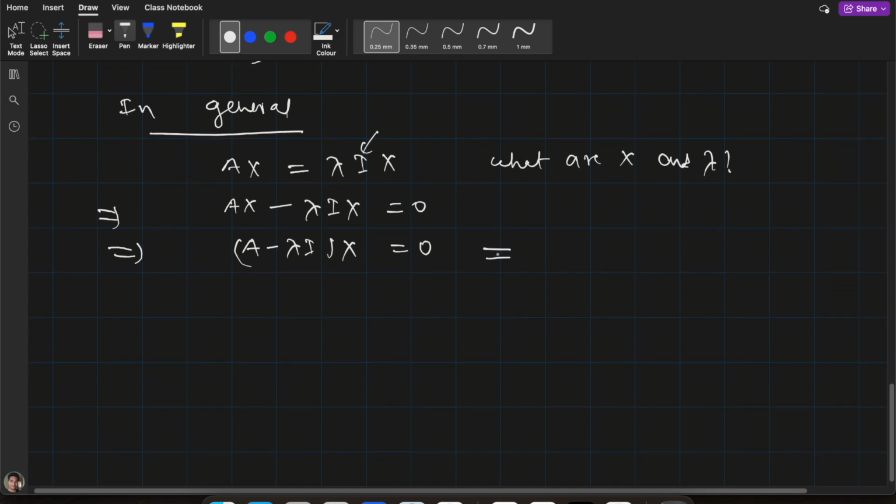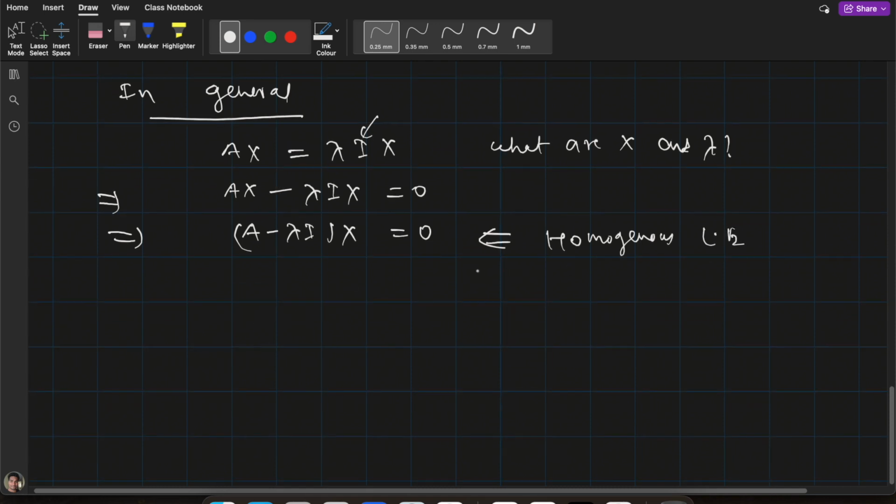Now you can see that this is a homogeneous linear system of equations. Now I want a non-trivial solution. If I want a non-trivial solution, then what does it mean? The determinant of A minus lambda I should be 0.